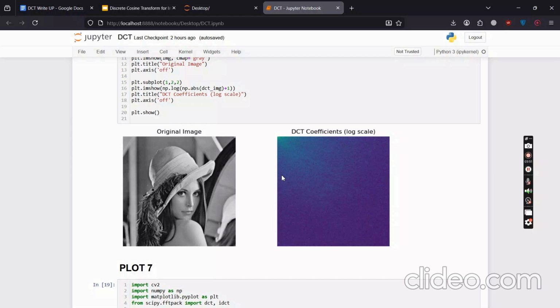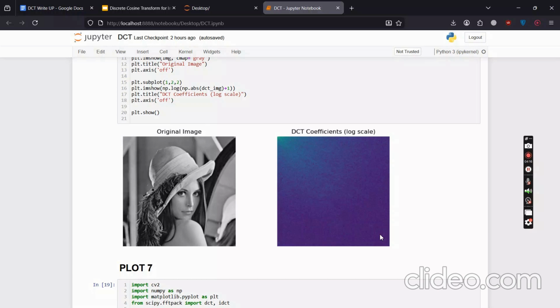This region corresponds to low frequency components, which represent the smooth variations in the image. As we move towards the bottom right corner, the coefficients become smaller, representing high frequency details like edges and noise. This demonstrates the energy compaction property of the DCT.